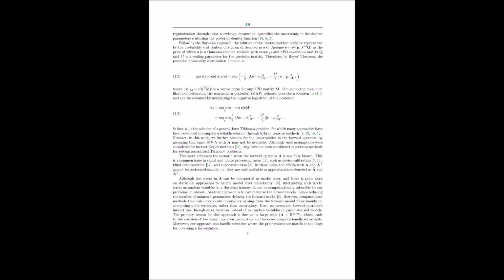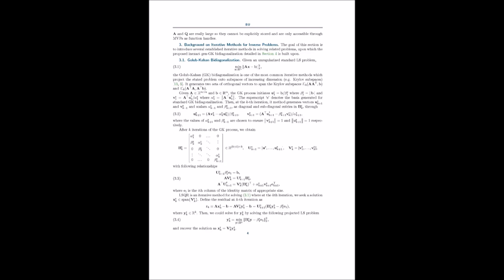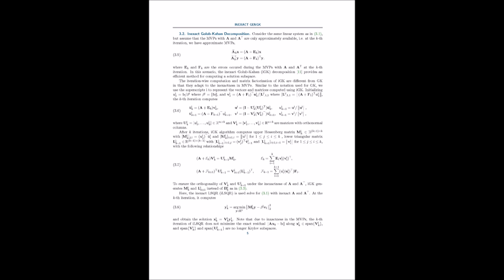So the authors combine the best of both worlds, a method for handling inexactness and a method for working with covariance matrices. That's how they create their star player algorithm, the Inexact Generalized Golub-Kahan Method, or igenGK for short. igenGK, it sounds like a superhero of algorithms. Yeah. So this method generates a lower dimensional subspace where we can then solve our problem more efficiently.